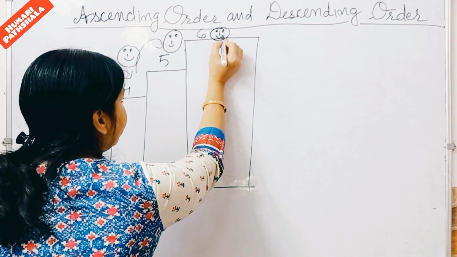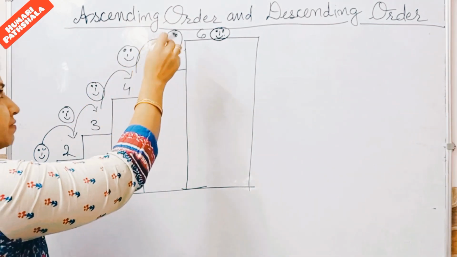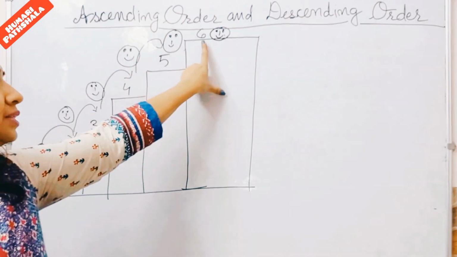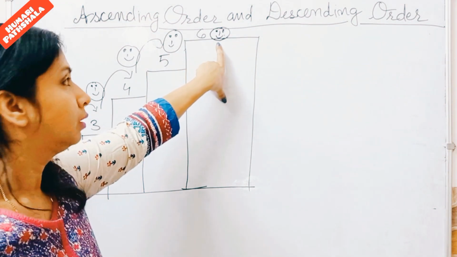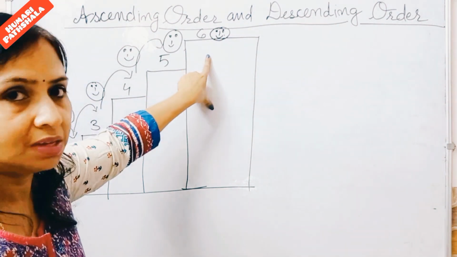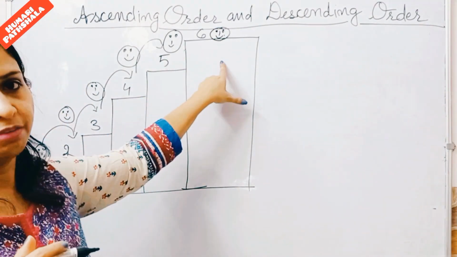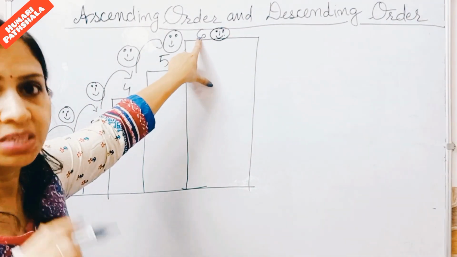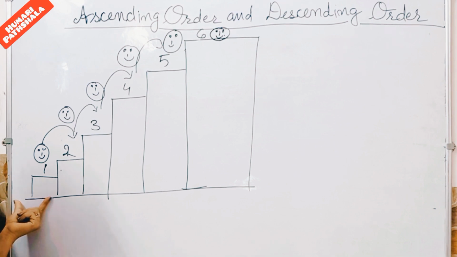This is the highest point in this group: 1, 2, 3, 4, 5, 6. This is the highest step. When I reach step number 6, it makes me one step higher than step number 5. So step number 6 is the highest point, and step number 1 is the smallest point.